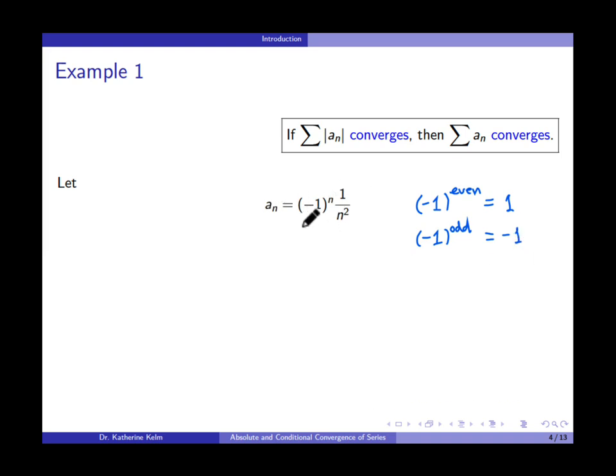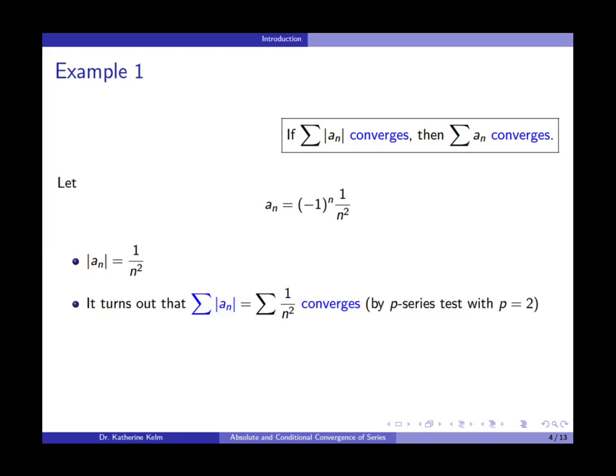And so the terms of this series alternate between negative and positive. So the absolute value of a_n is 1 over n squared. Now it turns out that the series 1 over n squared converges using the p-series test with p equals 2, if you're familiar with that test. So the original series converges as well.